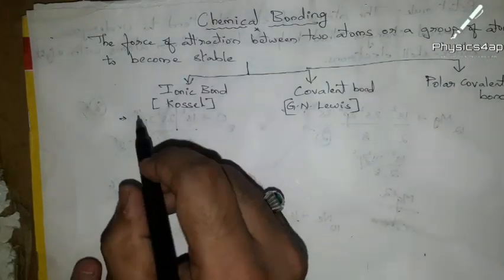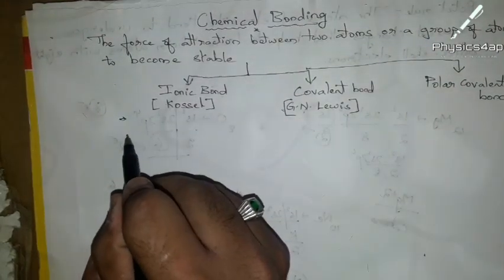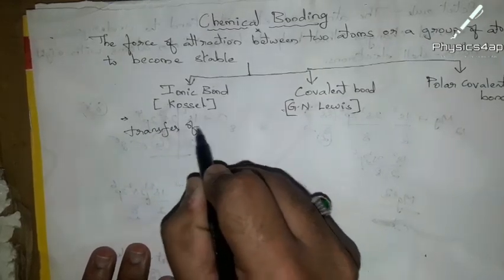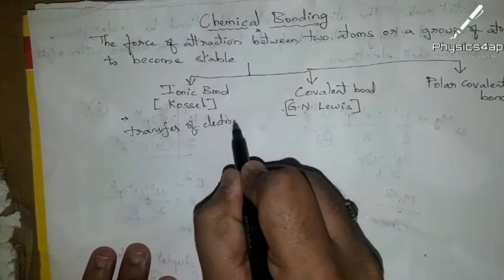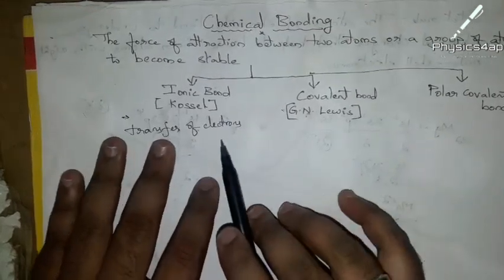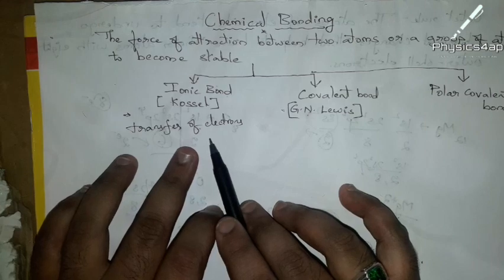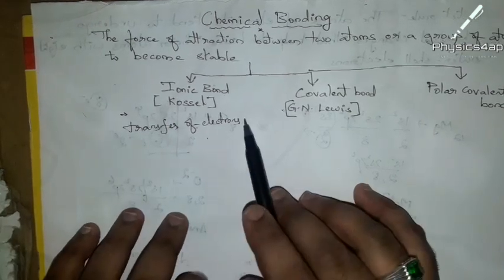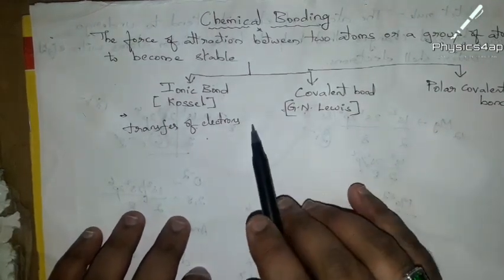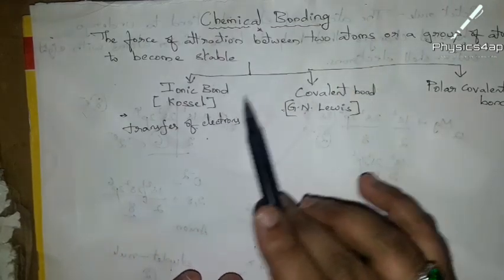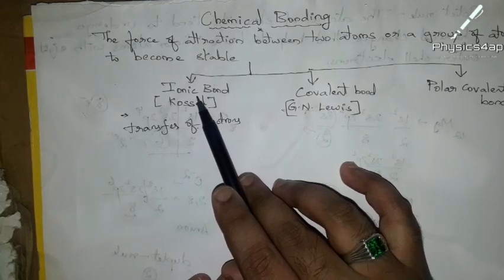So ionic bond is nothing but the bond formed by the transfer of electrons. That is the force of attraction or chemical bonding by which transfer of electrons occurs, which we call an ionic bond. When an electron is removed or when an electron is added, that type of bond we call the ionic bond.